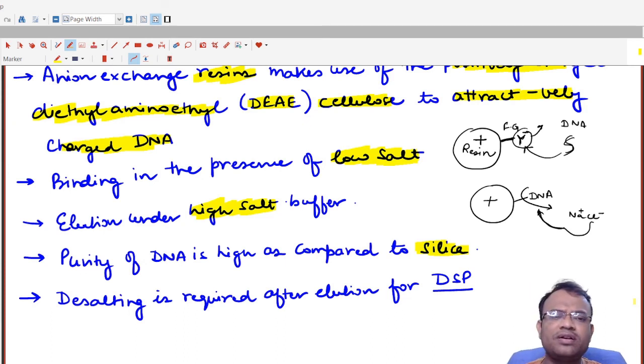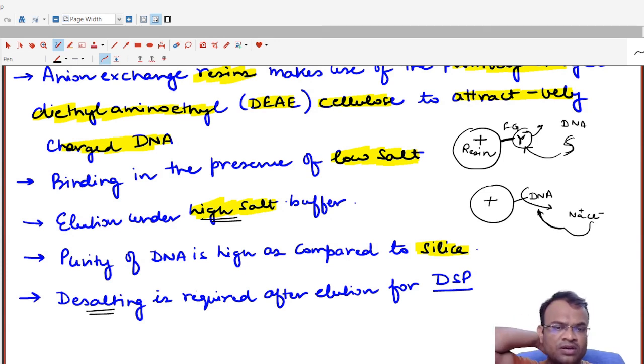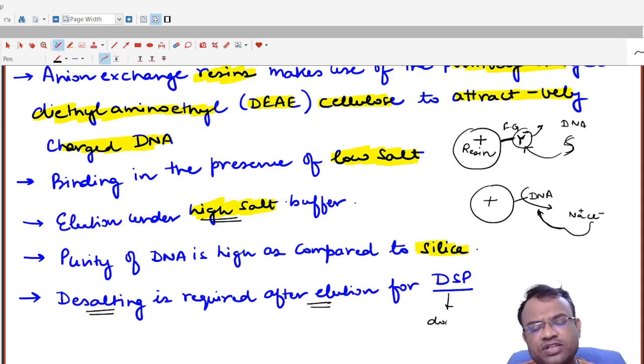One important disadvantage is that for the elution you were using very high salt concentration, and that salt came into the DNA also. That is why you want to desalt after the elution, because this DNA would be utilized for downstream processing also, right?